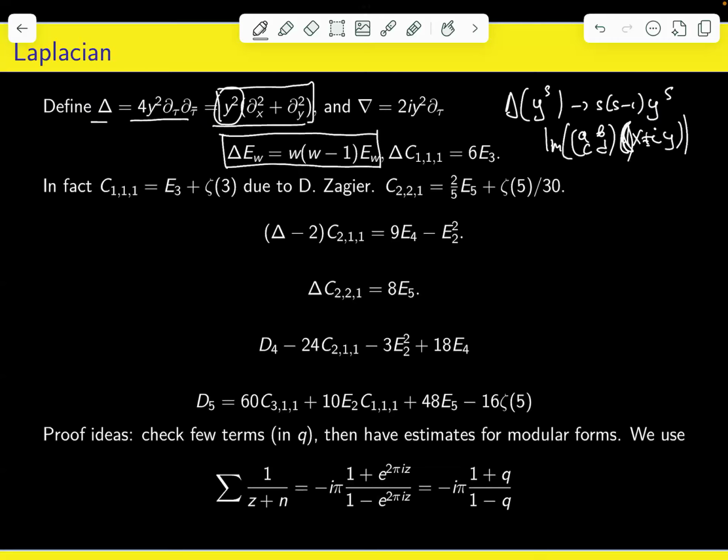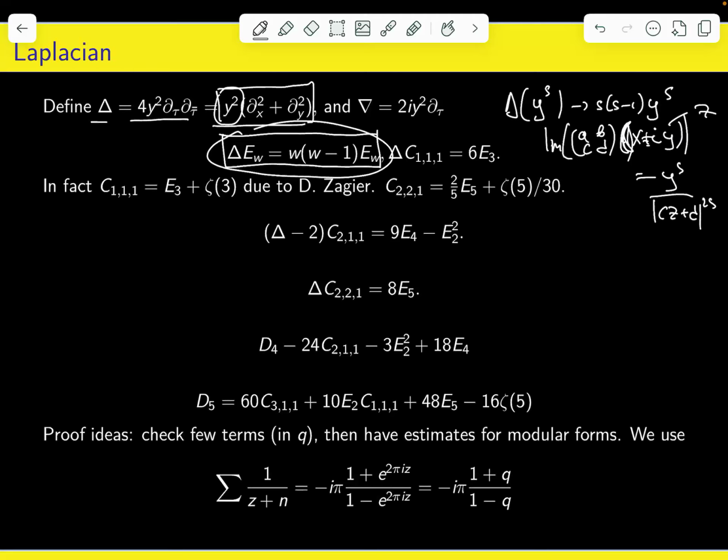Then the imaginary part will be y divided by |cz plus d| squared, if this is z. So actually, if y was just the imaginary part of z, and you had something like y power s, then for this expression you have the same relation, because the Laplacian is SL2(Z) invariant.